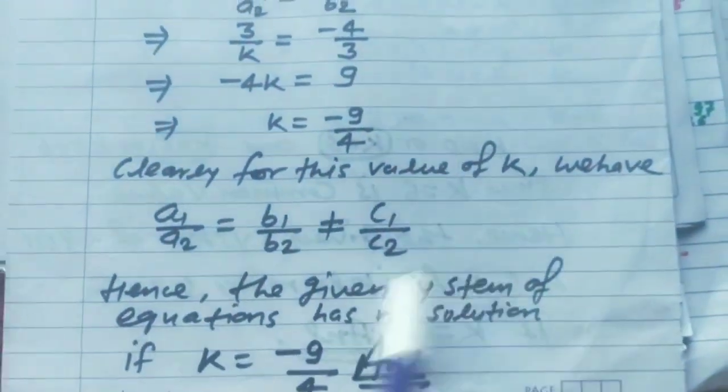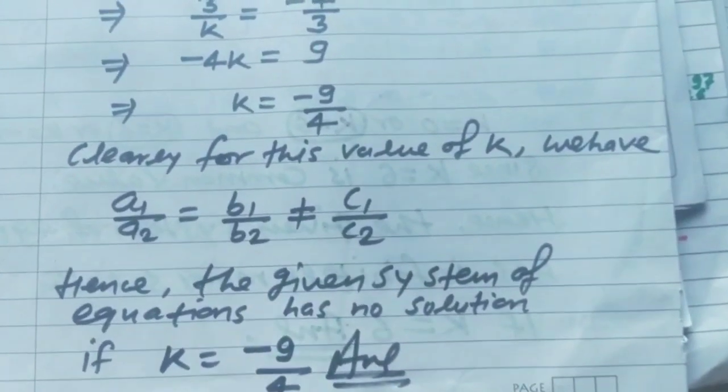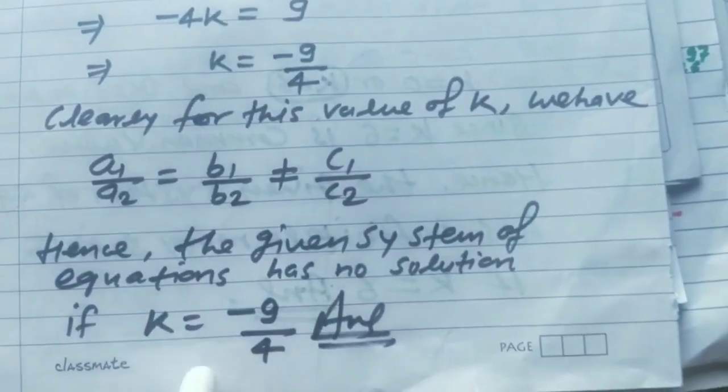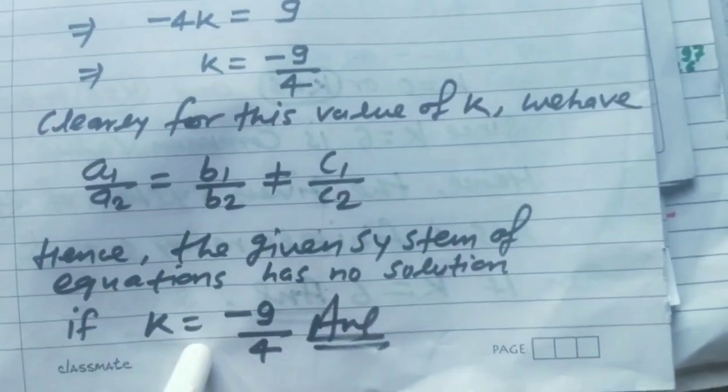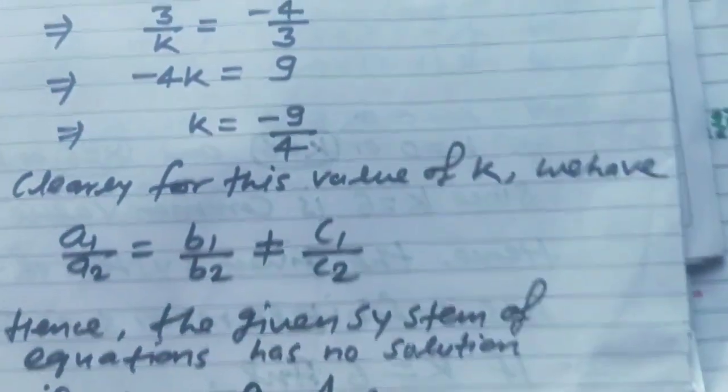Hence the given system of equations has no solution if k is equal to minus 9 by 4. So the required value of k is minus 9 by 4, and for this value of k, the given pair of equations will have no solution.